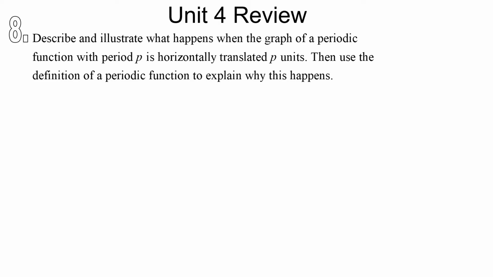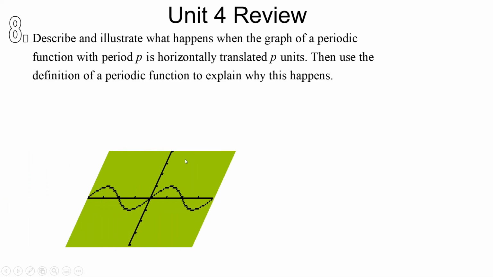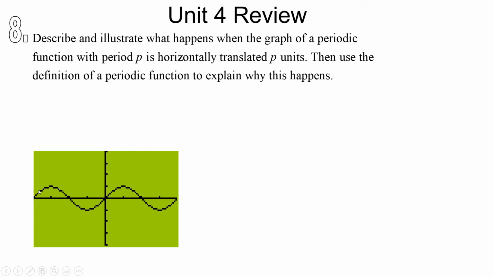Okay, then use the definition of a periodic function to explain why this happens. All right, well, here's what's going on. Now, I want to take you where you've been and where we are going. This graph right here, you've seen this before, and we're going to work most of second semester with trigonometry.